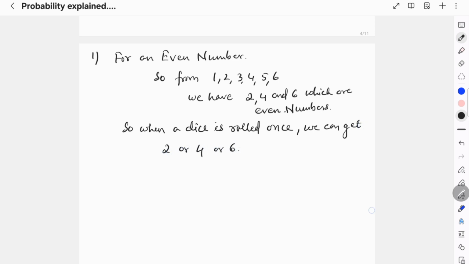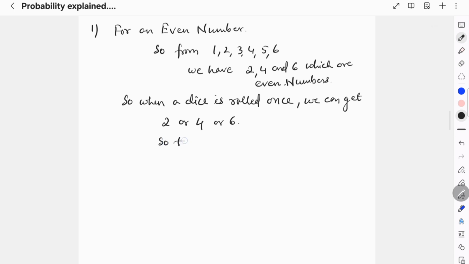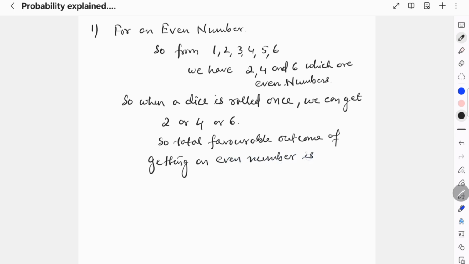And we know the total number of possible outcomes of rolling a dice is 6. So the probability of getting even number will be 3 divided by 6, which is 1 by 2. So that is our answer.